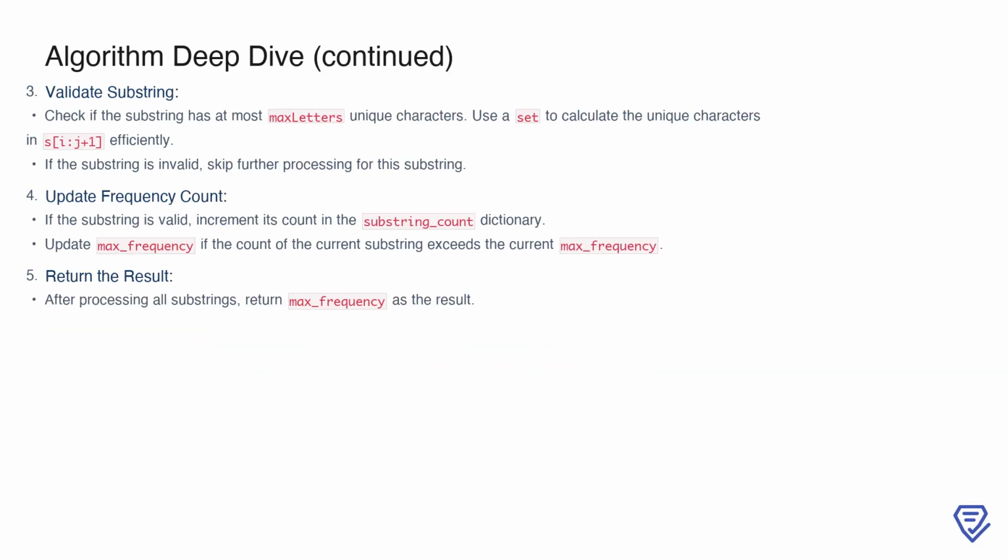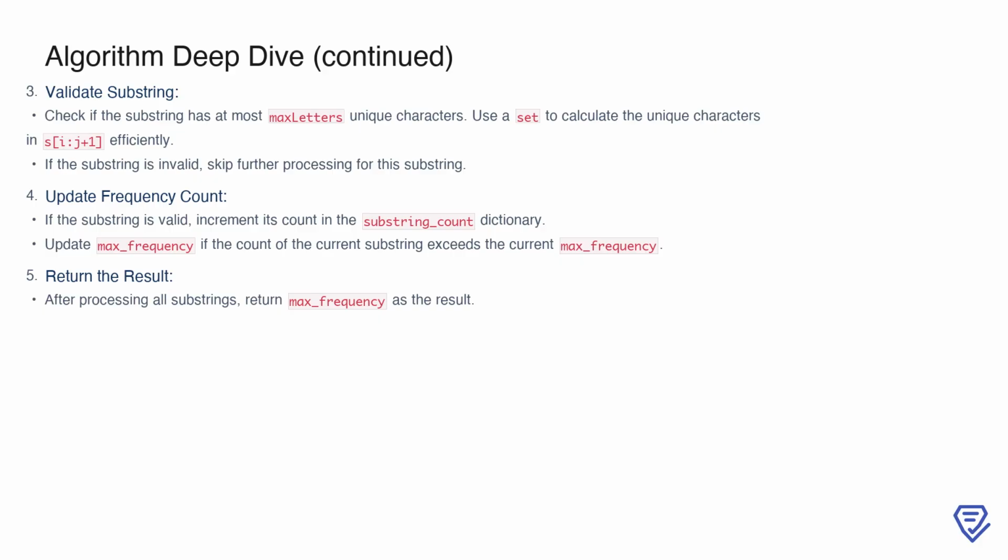Once we have generated a substring, the next step is to validate it. To do this, we check whether the substring contains at most max letters unique characters. Using a set to track unique characters in the substring makes this check efficient. If the substring doesn't meet this criterion, we skip further processing for it.